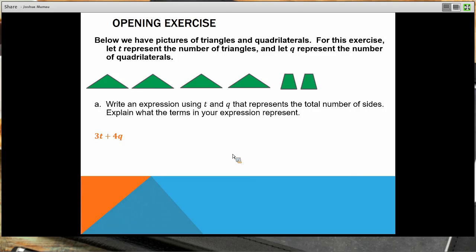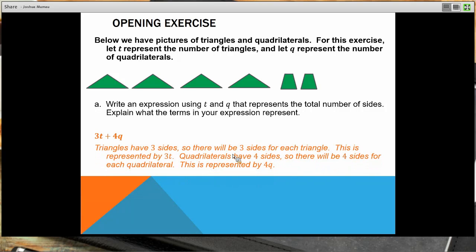So our expression, to find the total number of sides, we would add those two terms together, 3t plus 4q. And what that simply means is that triangles have 3 sides, so we have 3 sides for each triangle, so this is represented by 3t. Same with the quadrilaterals, they have 4 sides, so this is represented by 4q.